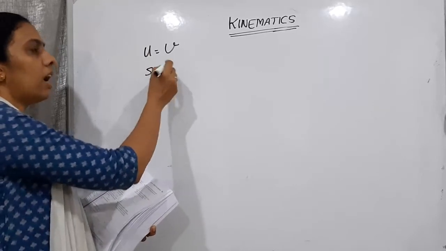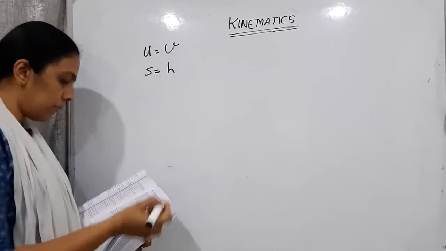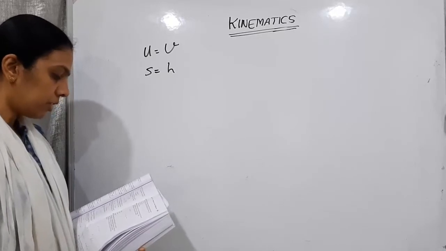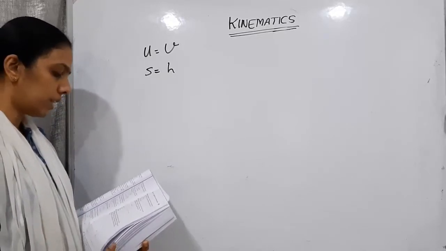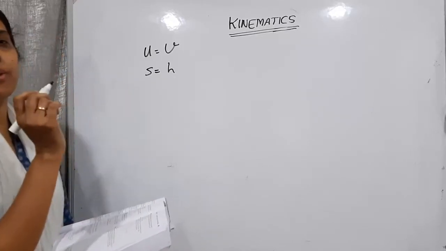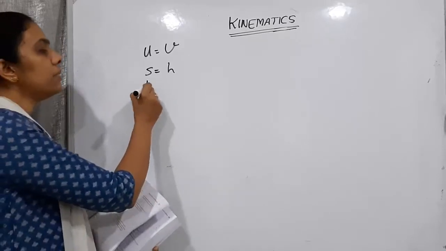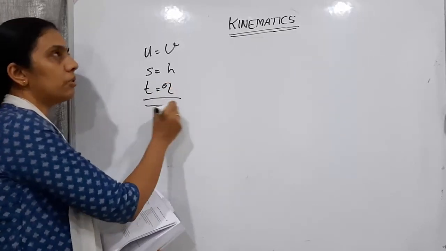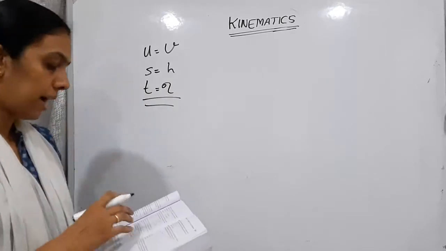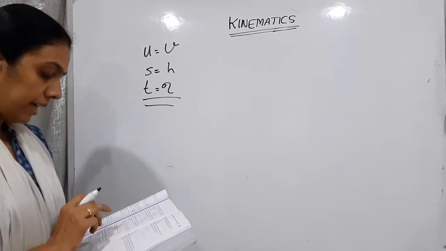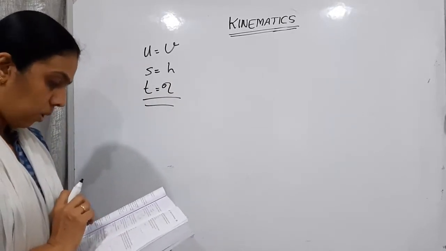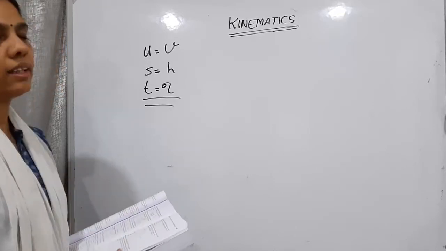So it is above the ground, it is h meter. The time taken for the ball to hit the ground is. So here in this question we need to find out the time taken for the ball to come back to the ground.